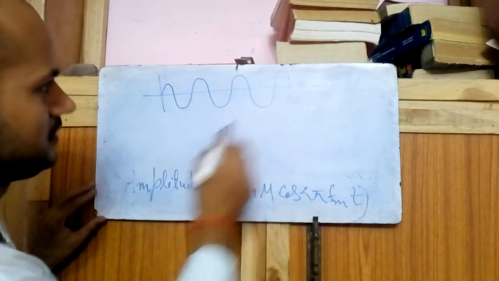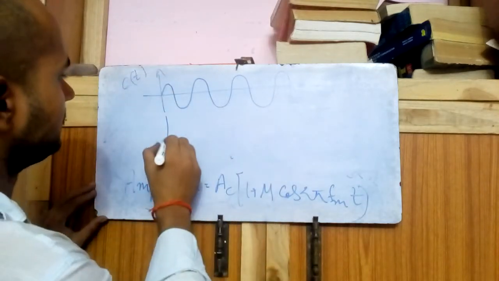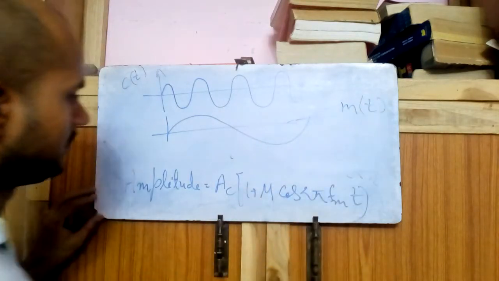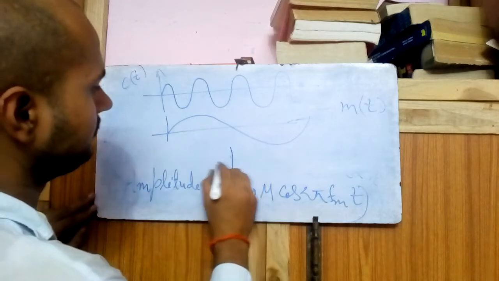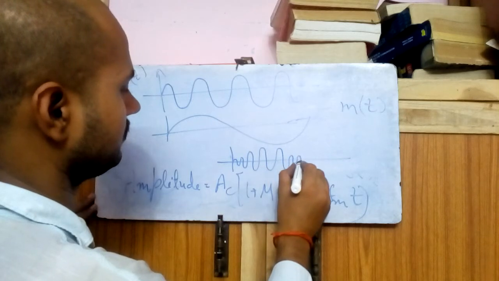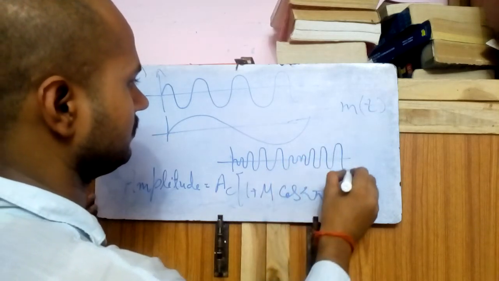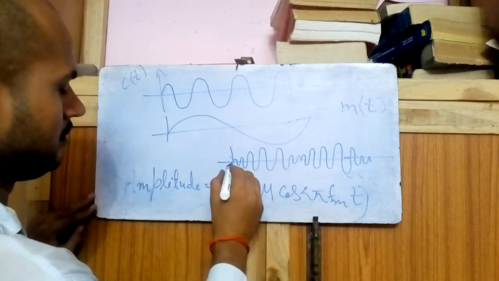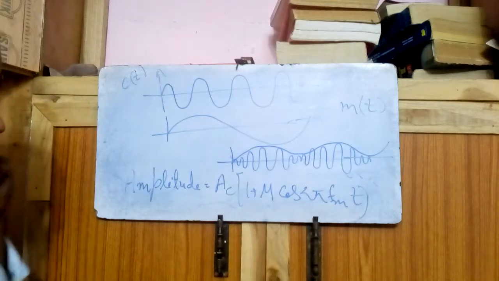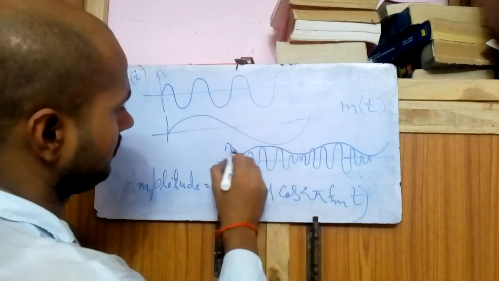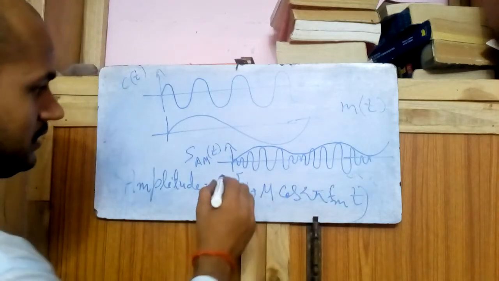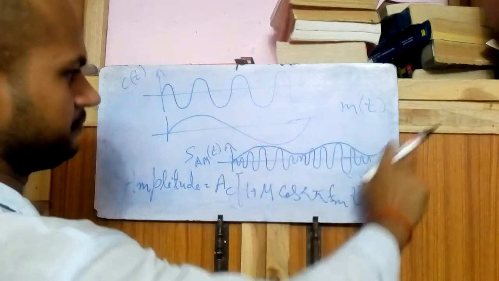If this is the carrier c(t) and this is the message m(t), then s_AM(t) will look like this, increasing and then decreasing, then increasing. That is s_AM(t), right?